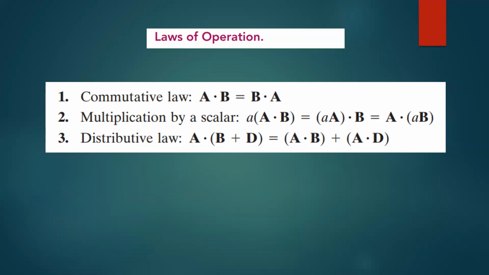And then multiplying a scalar by a dot product is okay. This is just normal multiplication.